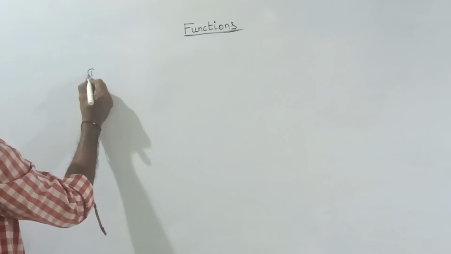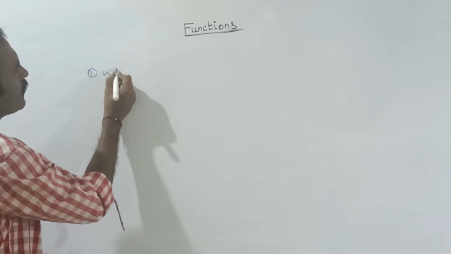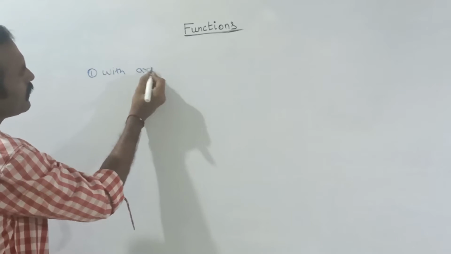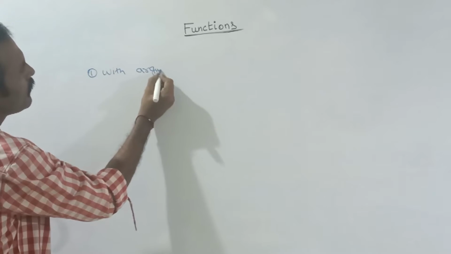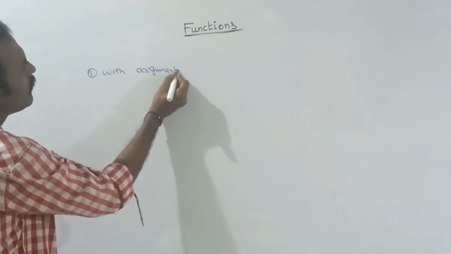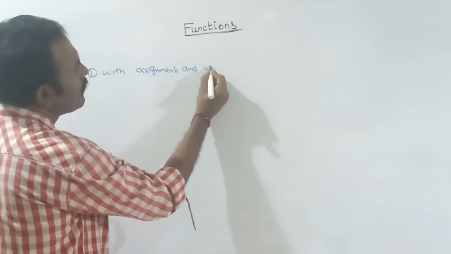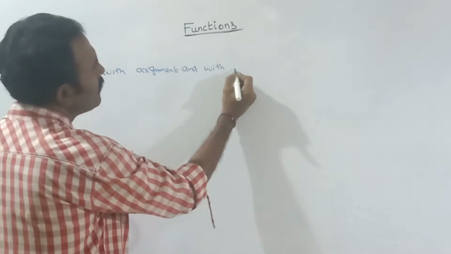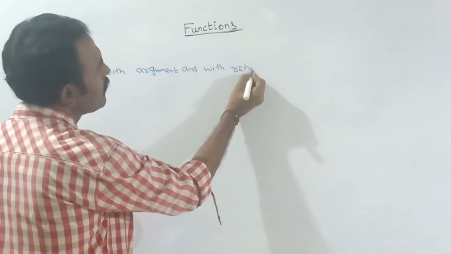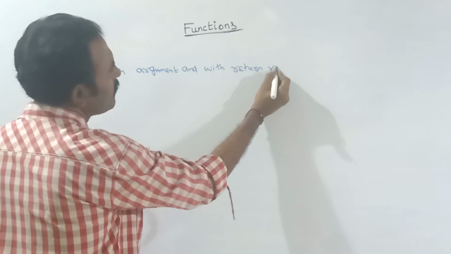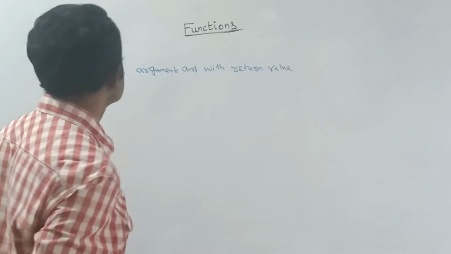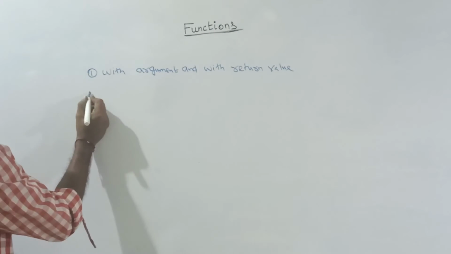The first kind is a function with argument and with return value.